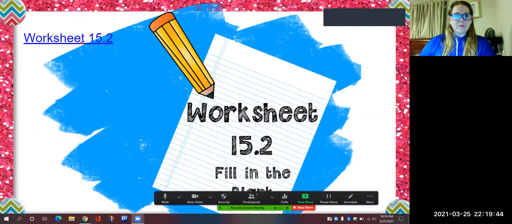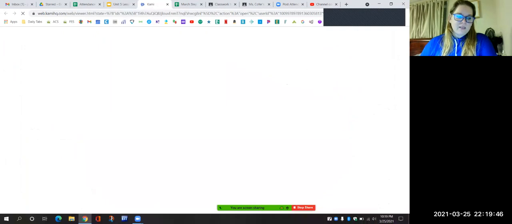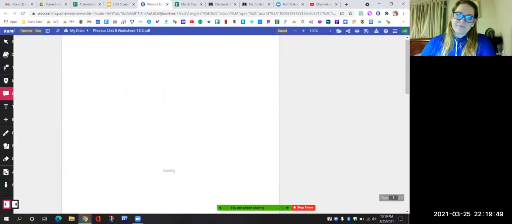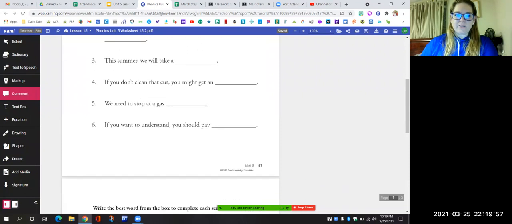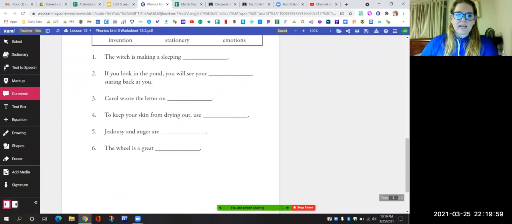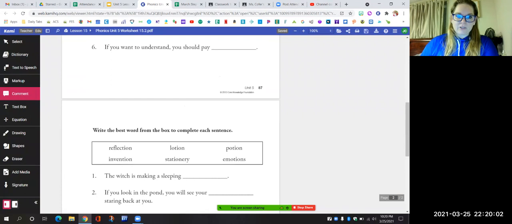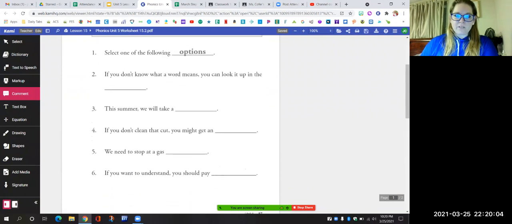Alrighty, so you have another fill in the blank sheet. You're going to take these words that have the shun schwa sound and put them in the correct sentence. So there are 6 on the first page and 6 on the second page. And you have different words on both pages.